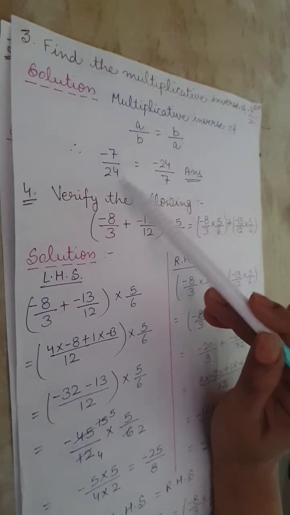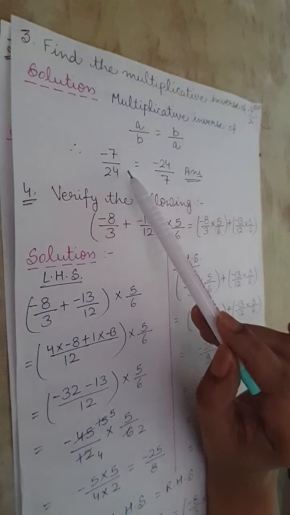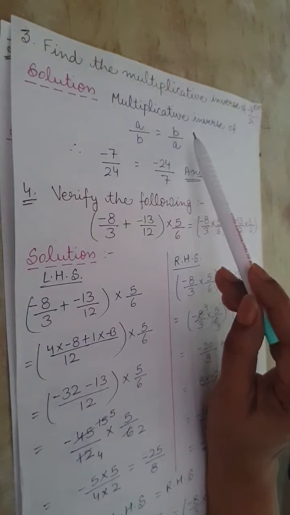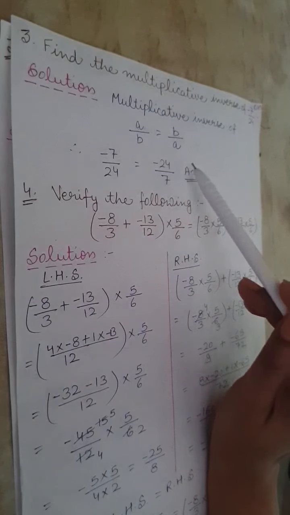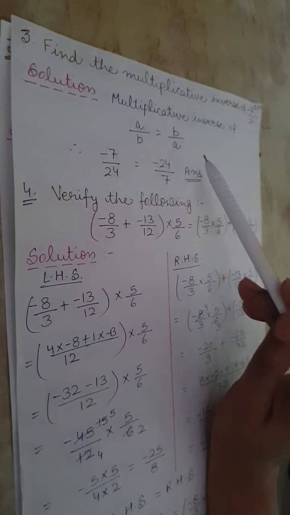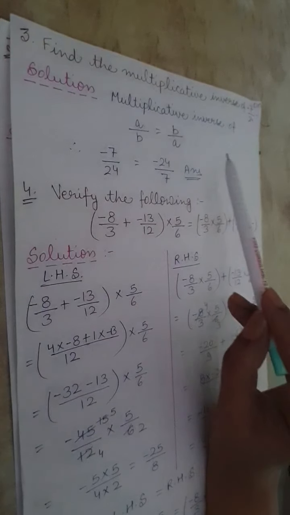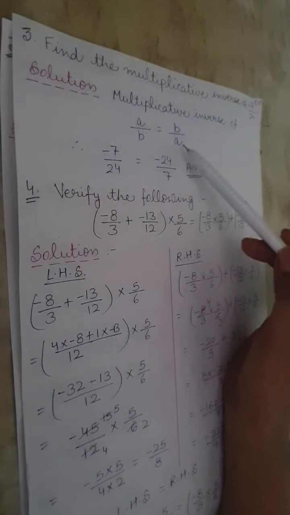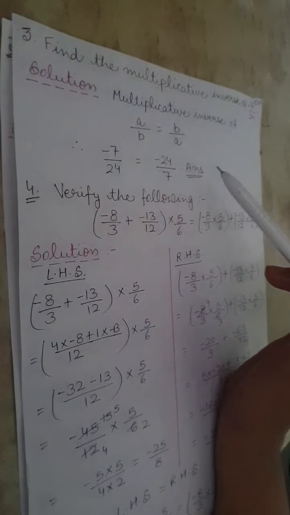What we have to find? The multiplicative inverse of -7 upon 24. For finding the multiplicative inverse, we just have to take the reciprocal of the given number.